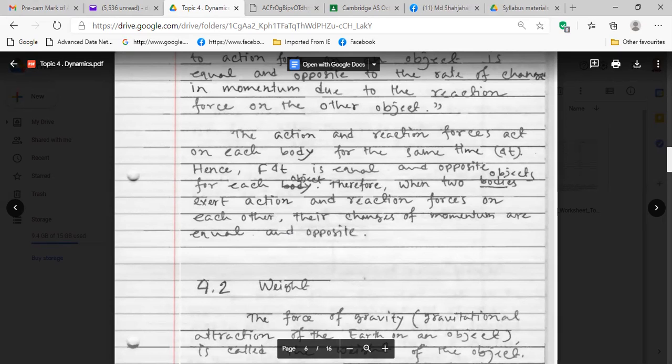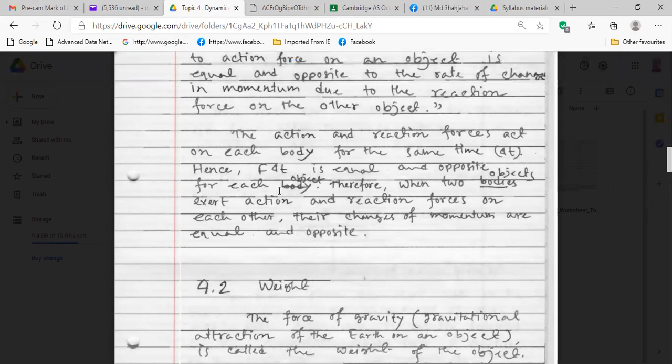There is some more explanation here. We do not need to write it, but you just read it. The action and reaction forces act on each body for the same time. Hence, F delta t is equal and opposite for each object.